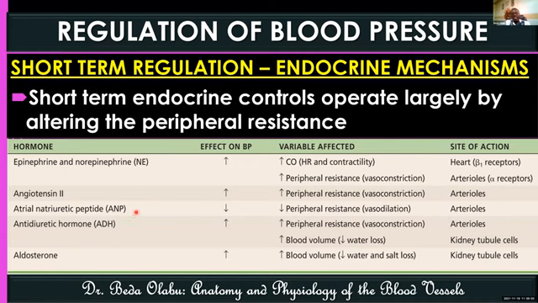The other mechanism ANP uses is that, remember from that name, atrial natriuretic peptide, it's produced by the atrium of the heart. Natriuretic means it promotes loss of sodium in urine, and peptide means it's a protein. So this protein hormone promotes loss of sodium in urine. If it promotes loss of sodium in urine, even water will follow.